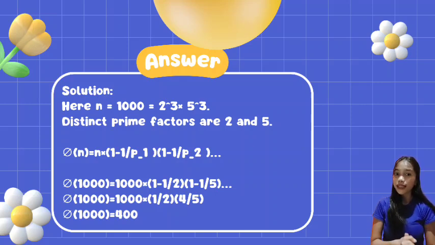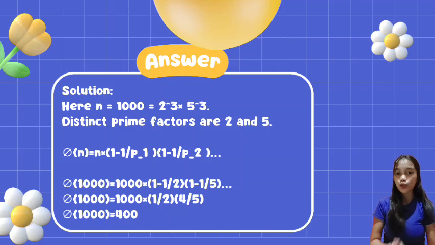So now let us substitute the given values. We will have phi of 1000 is equal to 1000 times the quantity of 1 minus 1 over 2, our first distinct factor, which is 2, and 1 minus 1 over 5, which is our second distinct factor.